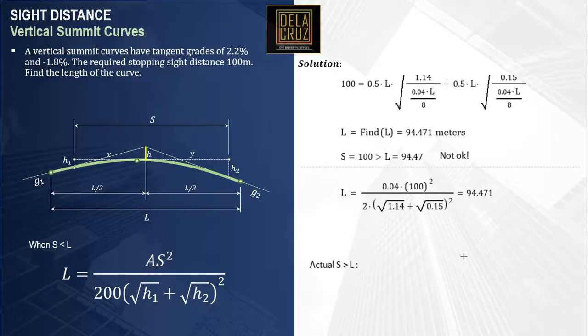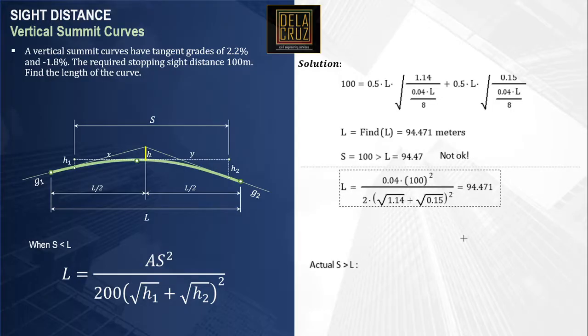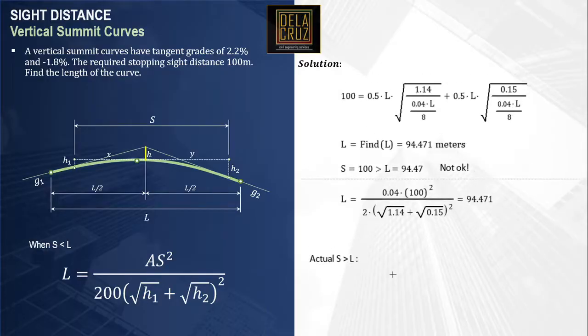It gave us the same as this value there. But anyway, this is still not correct, no? Because actual S is greater than L. Okay? So, we'll be using the actual S is greater than L. So, why is it that this value of L is not acceptable?